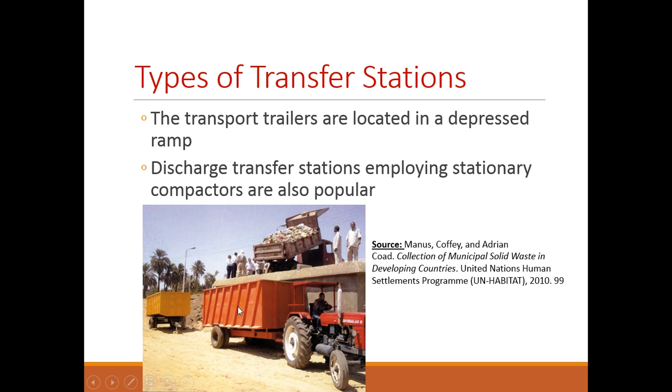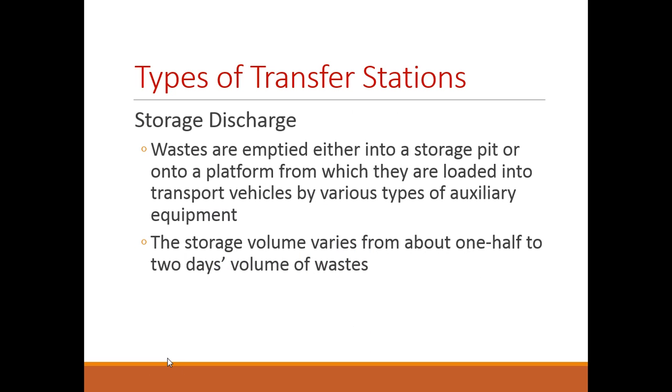Now again, as I said, notice the difference in size. So that means that this container is equipped to hold the load of several trucks before they actually make their way to the final disposal site. So this is the example of the direct discharge.